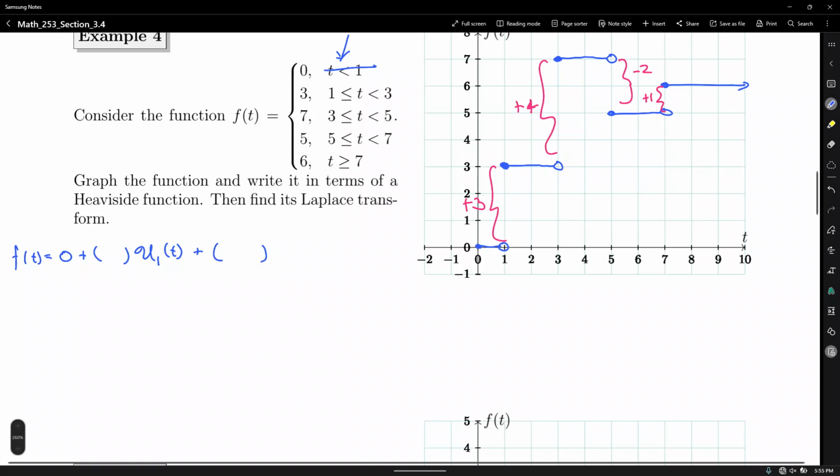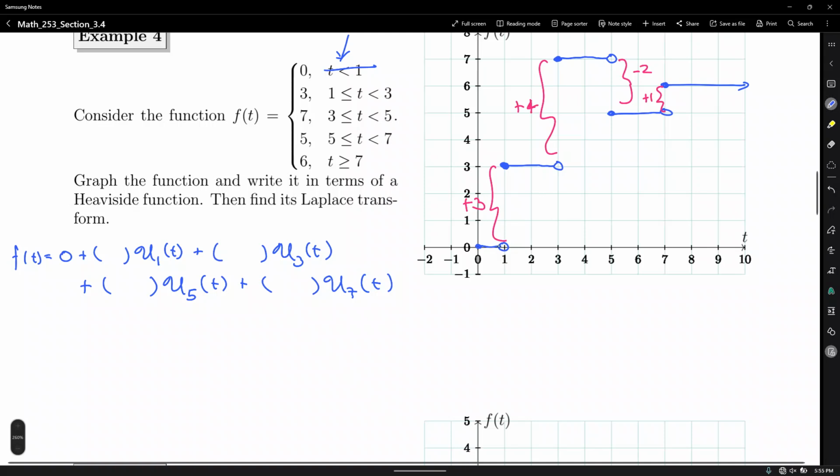And then plus, open parentheses, close parentheses. Where's the next jump discontinuity? At 3. And then plus, I'm going to continue down here, open parentheses, close parentheses, u at 5. Plus, open, close, u at 7. And let's talk about whatever we turn on versus whatever we turn off.